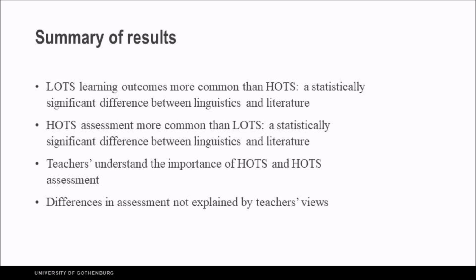And it is difficult right now to understand what this difference comes from, because teachers of both subjects express that they think critical thinking and high order thinking are important, and that the assessment tasks in their courses focus on these skills.